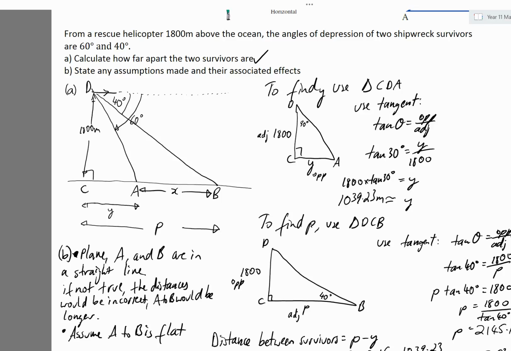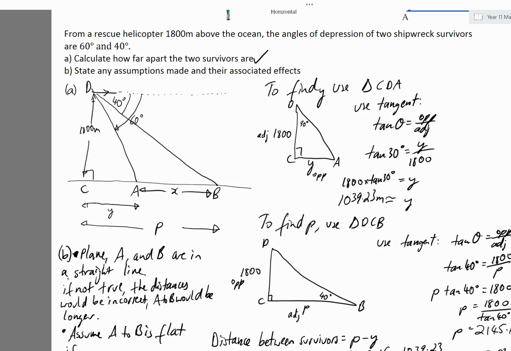A lot of these problems we'll do on land where that's not the case, or could potentially not be the case. And if we do problems on a bigger scale, we know that the Earth is round, not flat. So if I was doing the same problem but the survivors were 100 kilometers away, you might get a little bit of a chord there instead of the real arc around the Earth that you should. Okay, so assume A to B is flat.